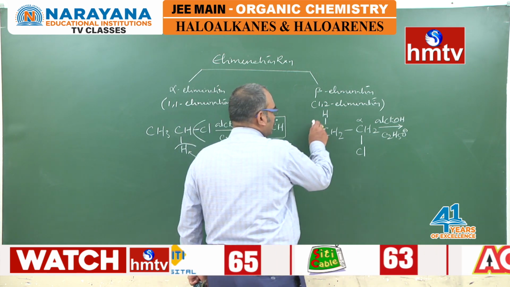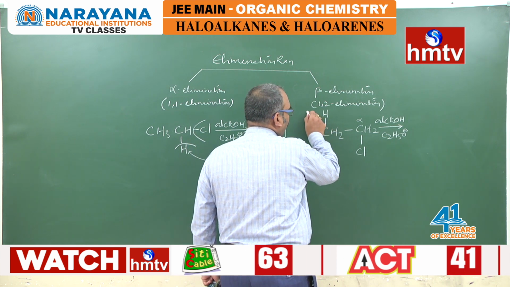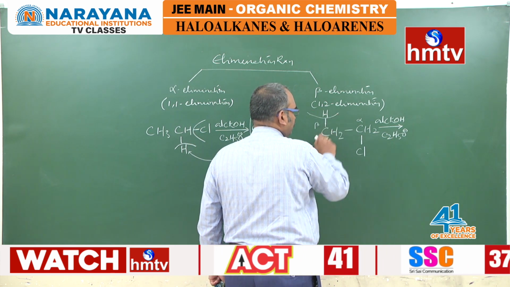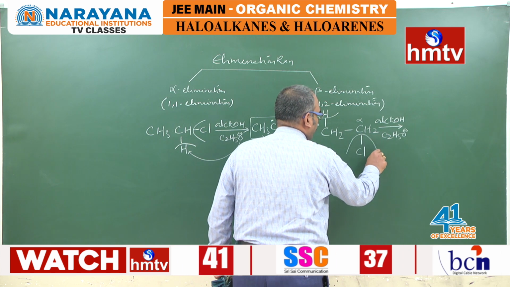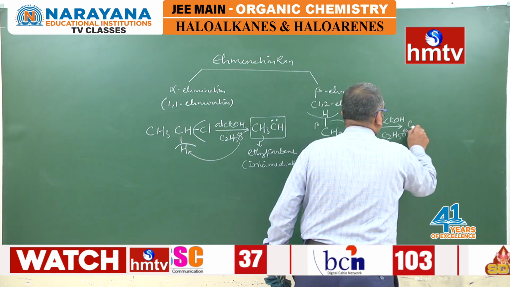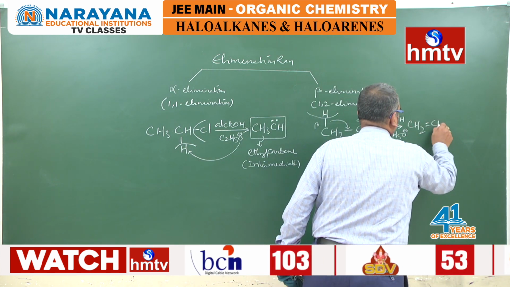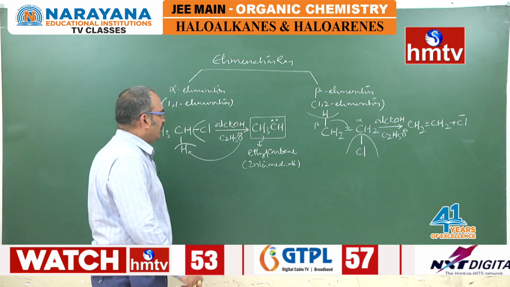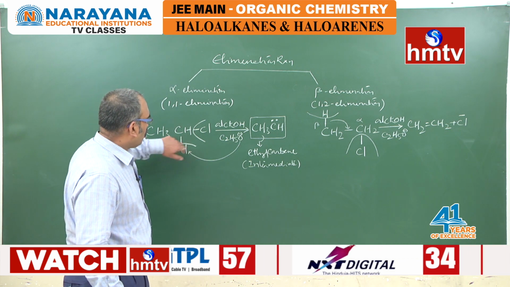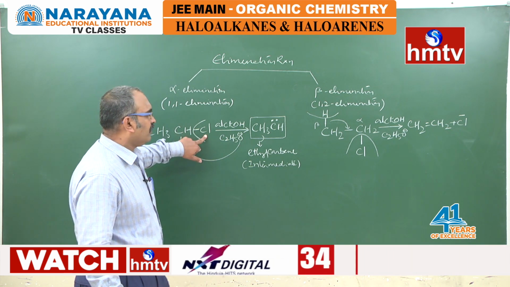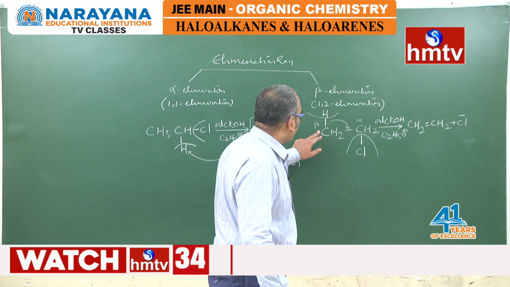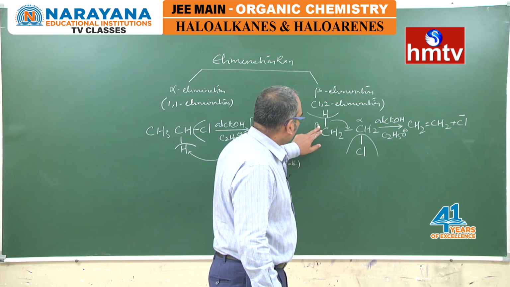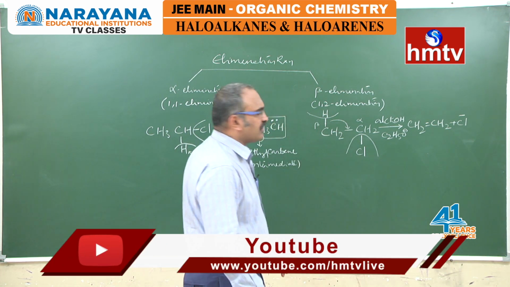Here the proton is removed from the beta carbon and the halide ion is moving like this. As a result, you are getting this product. This is an example of beta elimination. In alpha elimination, both the proton and halogen are removed from the same carbon. In beta elimination or 1,2 elimination, both proton and halogen are removed from adjacent carbon atoms.